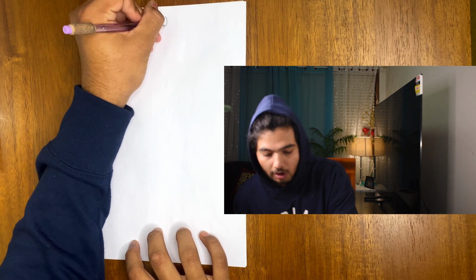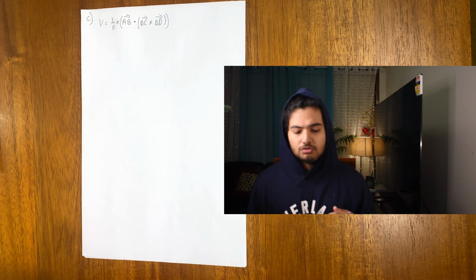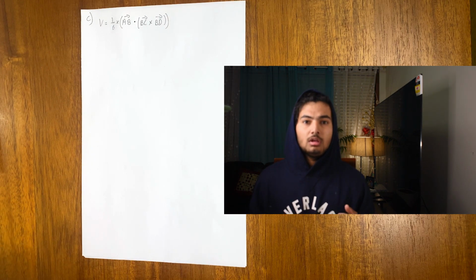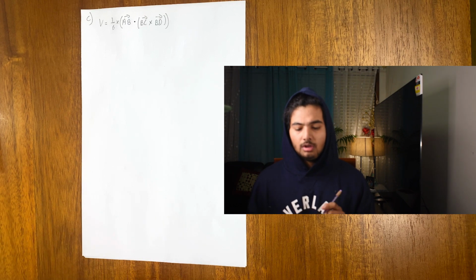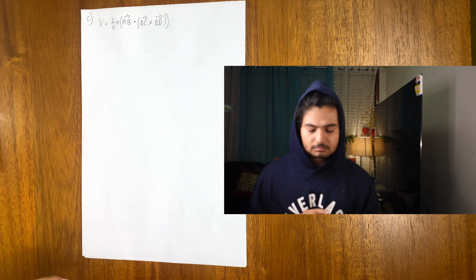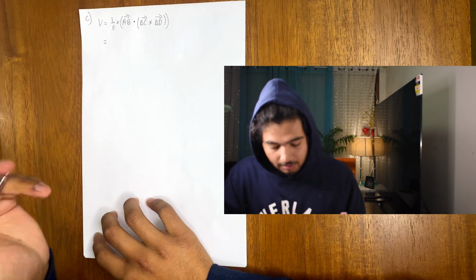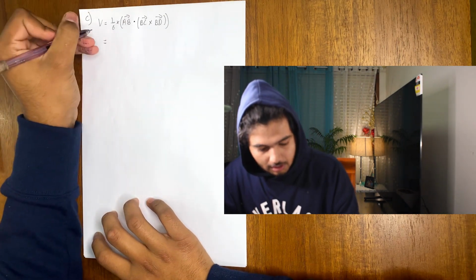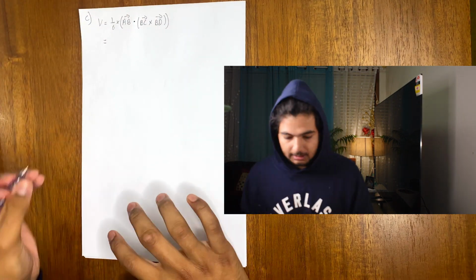Those of you who don't know how to do the cross product, I've put up a video on my channel which goes through the shortcut method to take the cross product of two vectors. So make sure you check that out. But coming back to this question, we already know what AB is. So let's figure out the cross product of BC and BD.